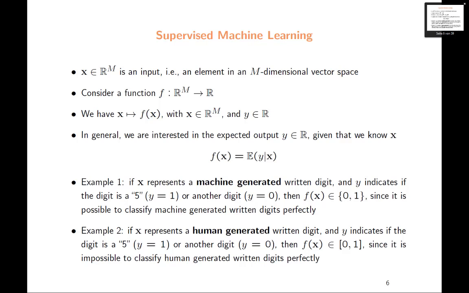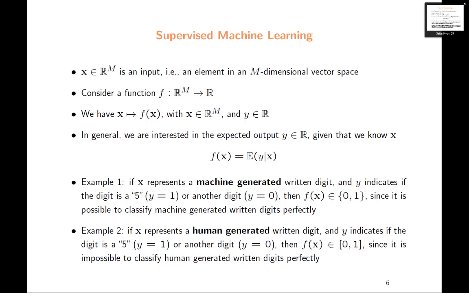Typically, if you consider a lot of different fonts, you can try and classify all these digits, and since there's no variation on these digits, or only small variations, you probably can build a perfect classifier, which means the expected value is either 0 or 1. But it's not always the case.